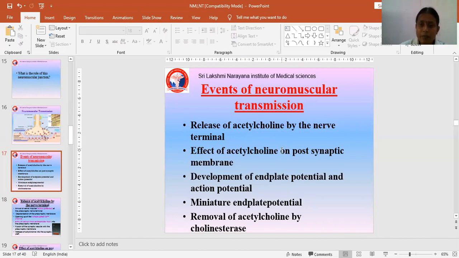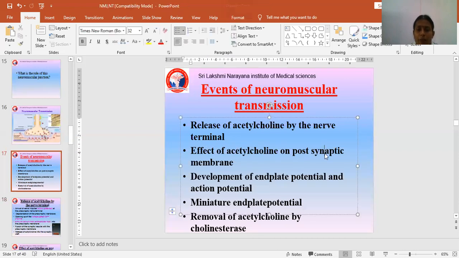So there are mainly four steps: release of acetylcholine by the nerve terminal; the released acetylcholine binds on the postsynaptic membrane and causes opening of the sodium channel, that is, the effect of acetylcholine on the postsynaptic membrane; third, development of end plate potential and action potential; and fourth, removal of acetylcholine by cholinesterase.